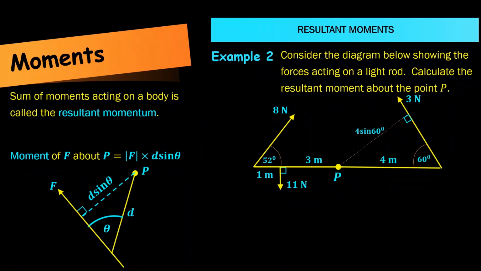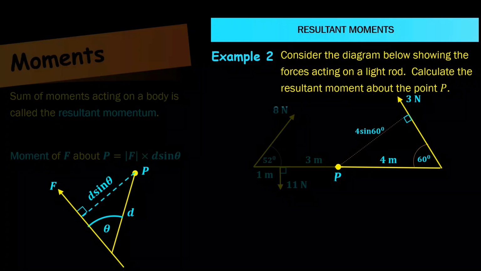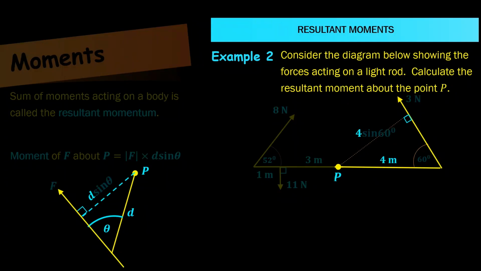First, let's begin by calculating the perpendicular distances. Here we have that the perpendicular distance is equal to 4 sine 60 degrees. So here's the scenario for the 3 Newton force.